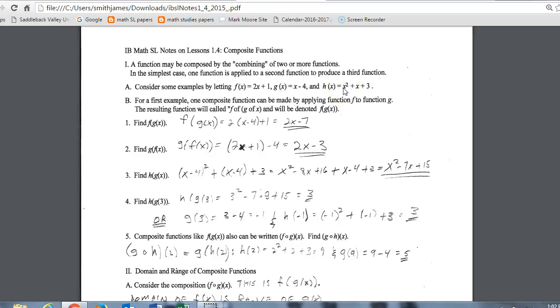So now I'm going to have negative 1 squared plus negative 1 plus 3. And that's what you're seeing down here. This is the more common approach of doing that. So just plugging that one into g and taking that answer, plugging that answer in for h, and we come out with an answer of 3.